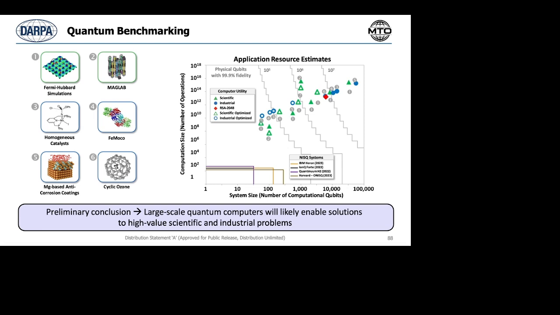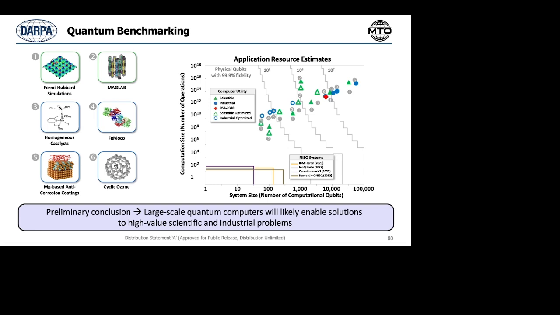Fermi-Hubbard models of a molecular lattice map readily to a quantum computer. The one-dimensional electron spin chain problem is a common early hello world exercise when learning quantum computing. The size of the lattice is limited by the number of available qubits.